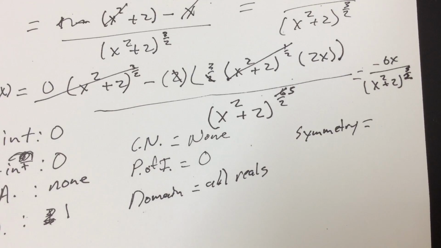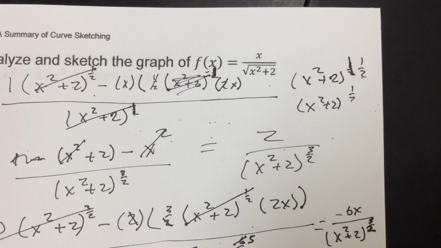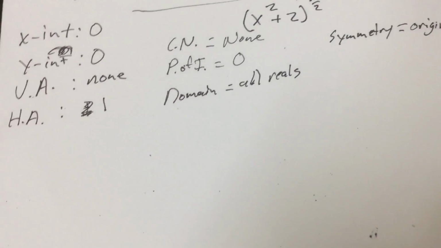So my notes say symmetric with respect to the origin. And I gotta think a moment on how that goes with the square root, because technically that makes it singles, but we still have that constant there on the bottom. So we'd get the exact opposite out. Okay. So we'd have origin symmetry there.